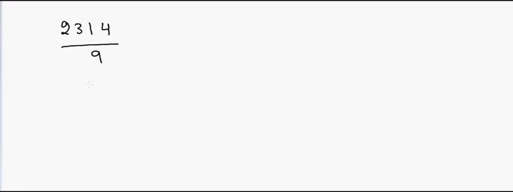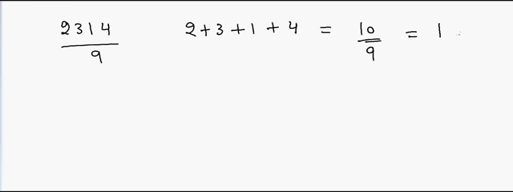In that case, what we will do is we'll add all these four digits together. So 2 plus 3 plus 1 plus 4, that will give me 5, plus 1 is 6, plus 4 is 10. If you divide 10 by 9, you will get 1 as a remainder. So your remainder would be 1 in that case.